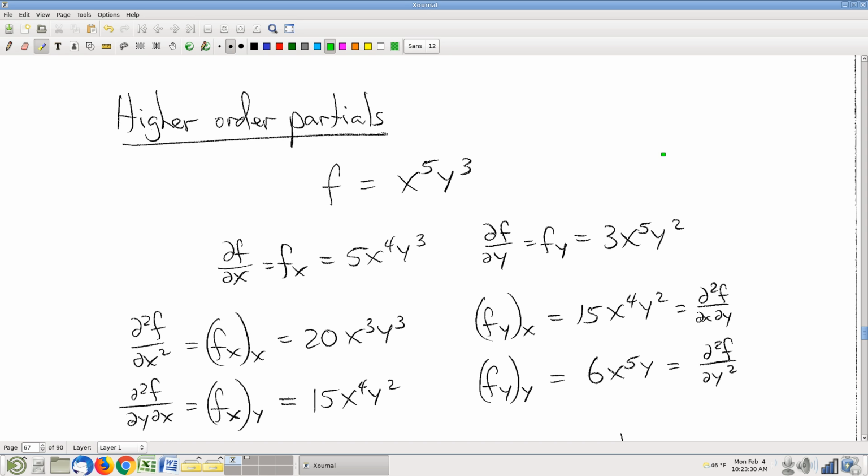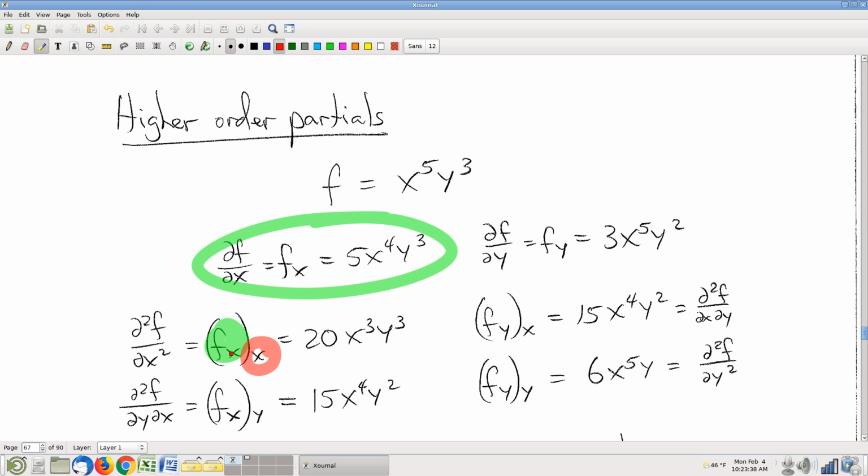Okay, so of this x partial, we could take the x partial of that. Or that same x partial, we could take the y partial of that. And it's just the same algebra, you just treat the other variable as a constant and take the derivative in the usual way. Okay.